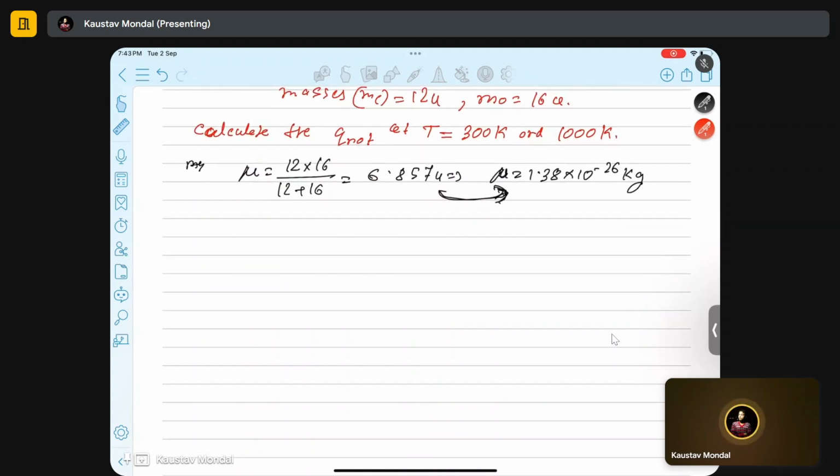Now from here you can calculate the moment of inertia I, that is mu r square, which is simply 1.138 into 10 to the power minus 26 into 1.128 into 10 to the power minus 10 whole square. So I would become almost equal to 1.45 into 10 to the power minus 46 kg into meter square.